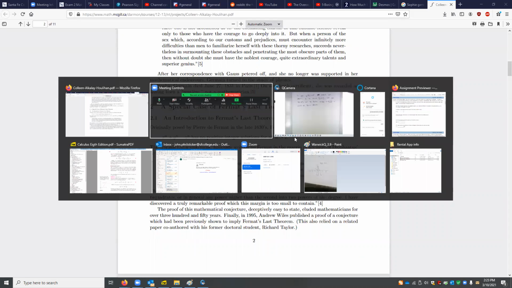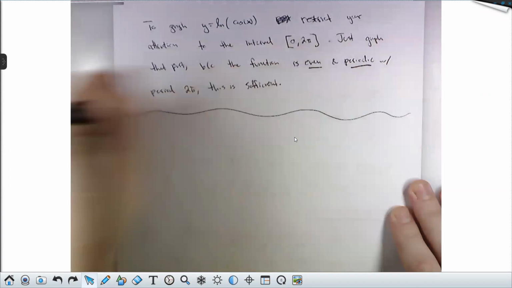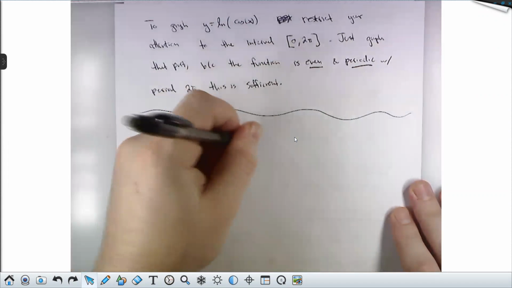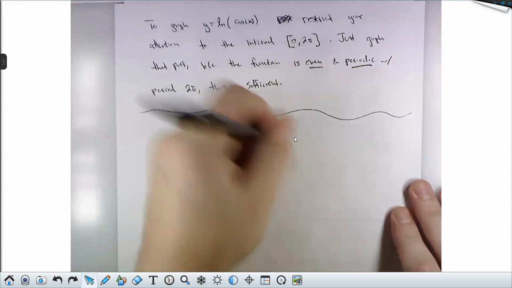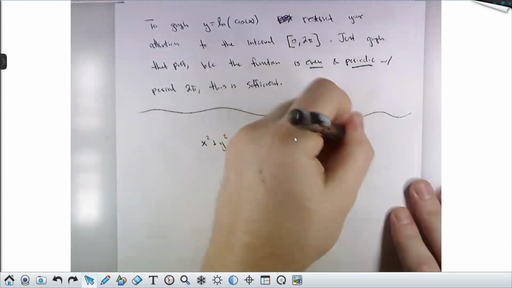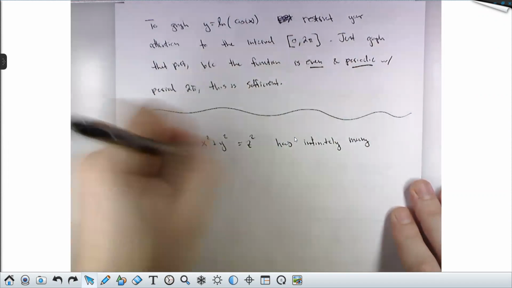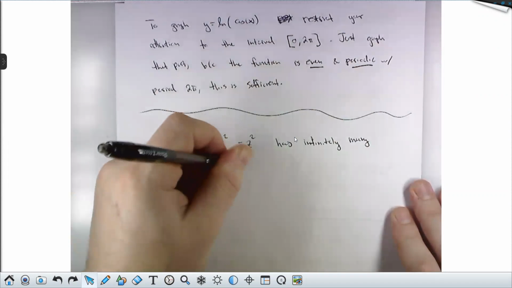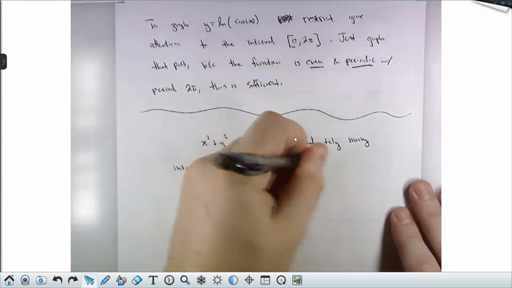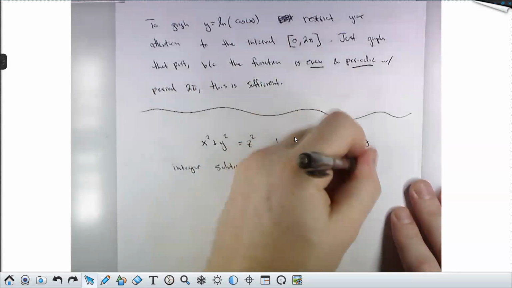So like x squared plus y squared equals z squared has infinitely many integer solutions. Like if x equals 3 and y equals 4, then z equals 5 works, for example.